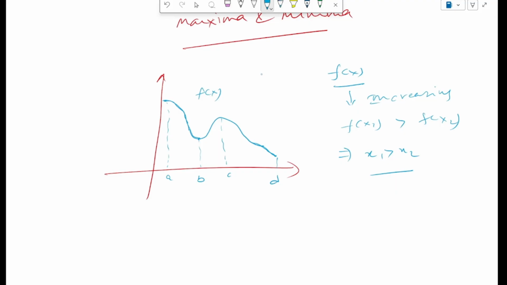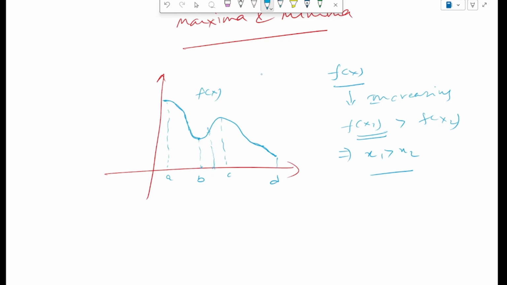What this means is, when we put a higher point in the graph, then we should get a higher value. If it is an increasing function, if we put a higher value of x, then we should get a higher value of the corresponding f. Then we say that the function is increasing in that particular interval.